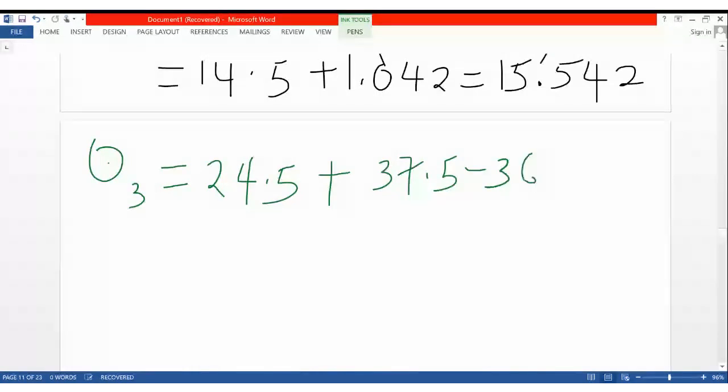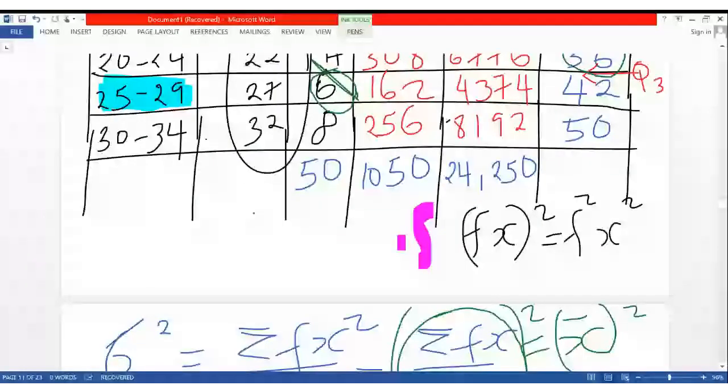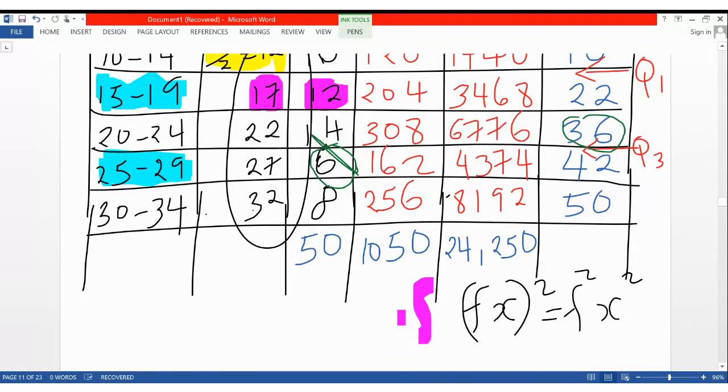Let me go and confirm again, because I have to always confirm as I cannot see the table. Yes, 24.5, that is the lower class boundary. The frequency is 6, and then we subtract the cumulative frequency of 36.